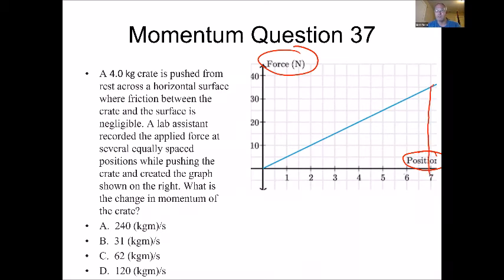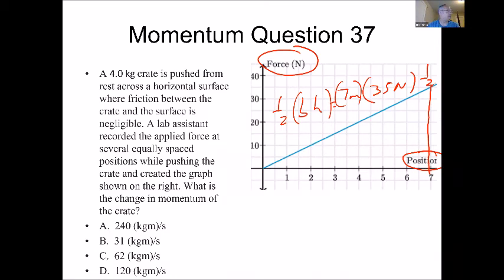So let's just do this. The easiest way to do that, we're looking at essentially 1/2 BH. We're looking at a height of 35 newtons and a base of 7, and that's going to be 7 meters. We've got to remember to multiply that by 1/2.